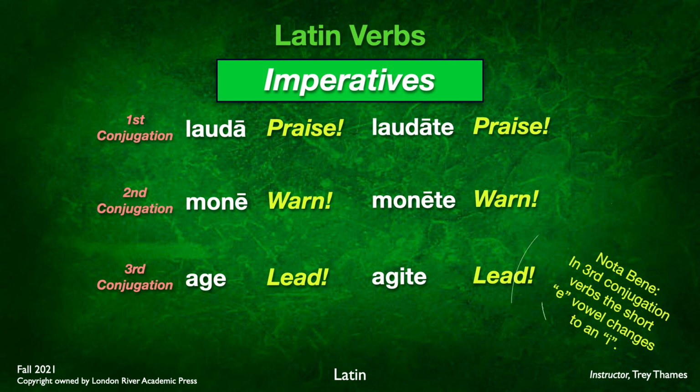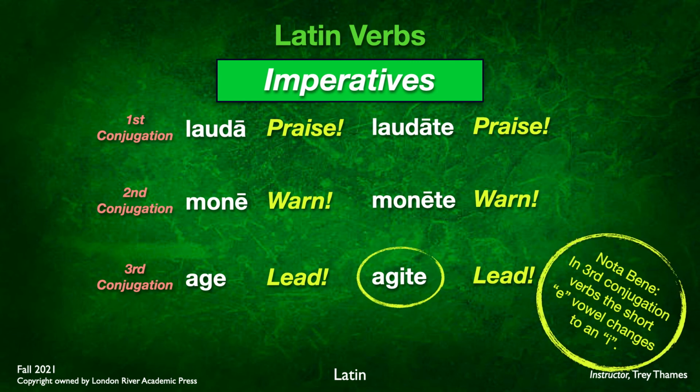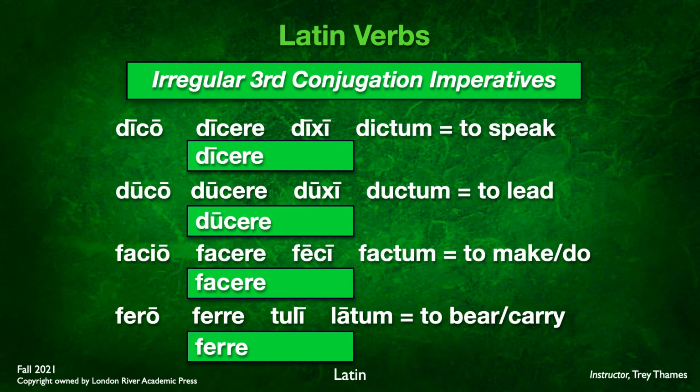Now, one final thing. There are four fairly often used third conjugation verbs that act a little irregular in the singular. And here are some verbs here: dico, dicere, to speak; duco, ducere, to lead; facio, facere, to make or to do; and fero, ferre.